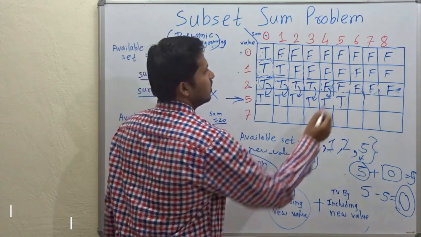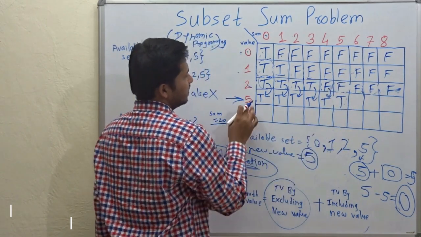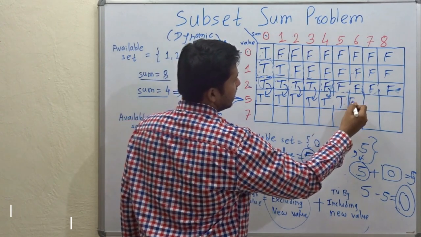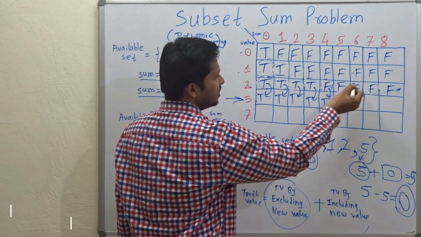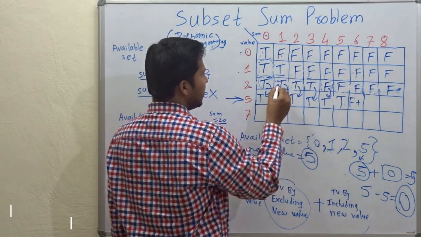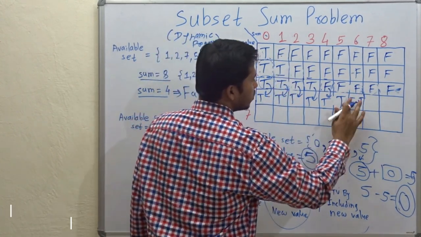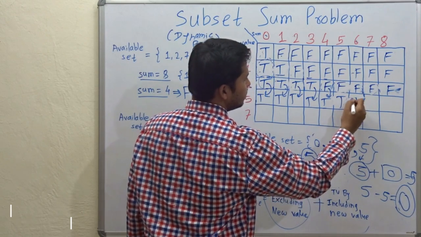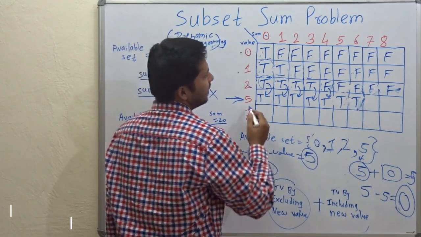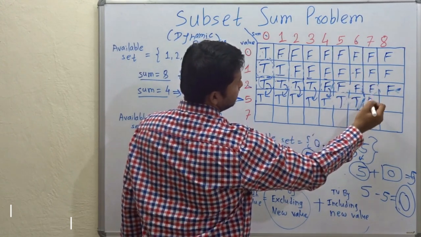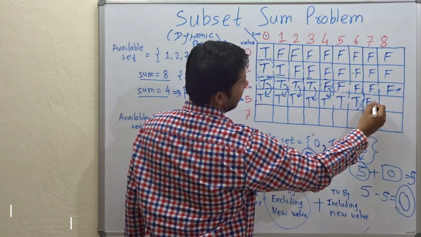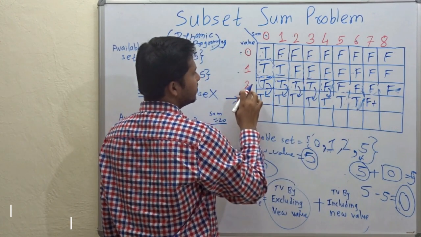Okay. Now for 6 now. See, upper value is false, plus 6 minus 5 is 1. Go in the upper row, go to the first cell, that is true. False or true is true. Now for 7, yes, upper cell value is false. 7 minus 5 is 2.